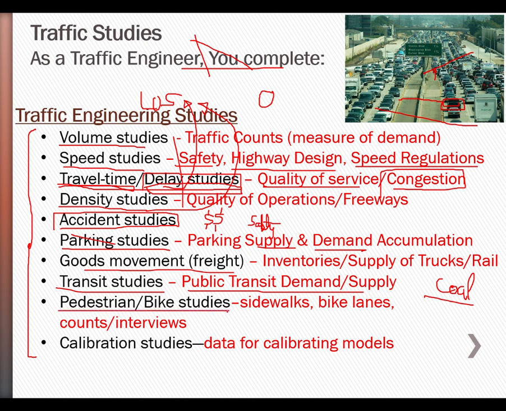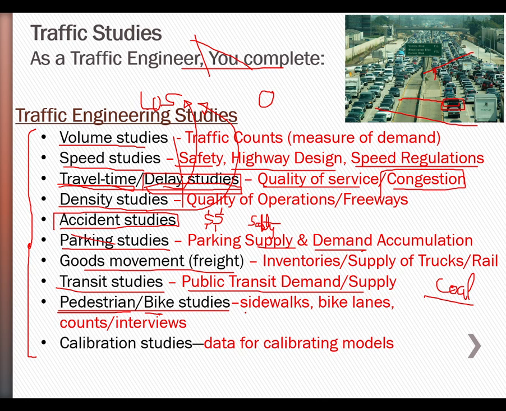Pedestrian and bike studies, and this is kind of new with now the level of obesity around the world and the health problems. People are moving now to bicycles and walking. And when we have a new development of the city, bicycles and pedestrians are one important thing for us to develop.